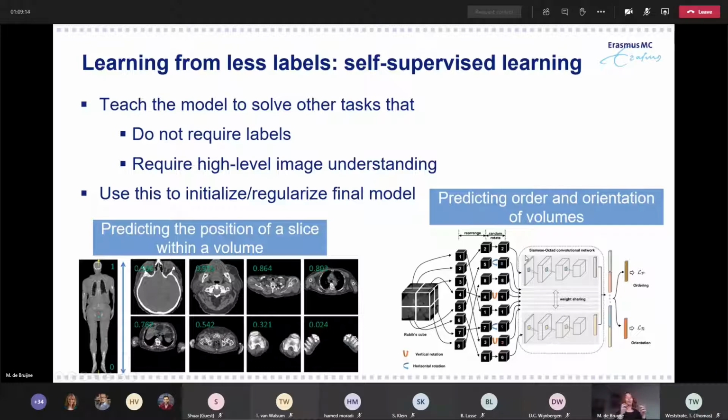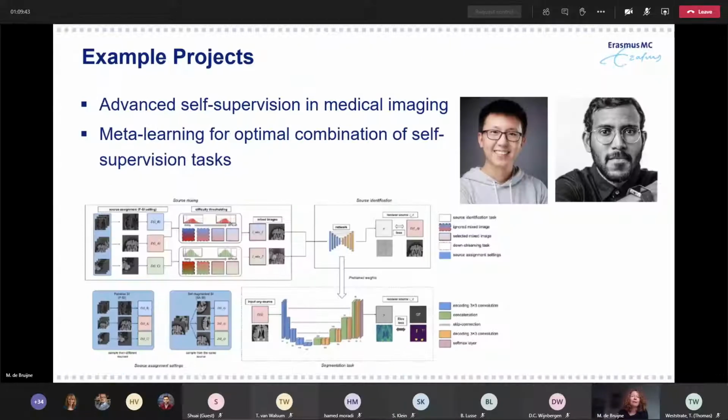Or you could make a puzzle out of the three-dimensional image by shuffling blocks and rotating them, and then the model should learn to put them back in the correct order. For that, you need to be able to understand the image. The model will learn already what are important characteristics of this medical image, and you can use such a model to initialize or regularize your final disease prediction or segmentation model. There are a couple of example projects proposed today by Shuai Chen, our chairman, and Deep Kayal. So talk to them if you find this interesting.